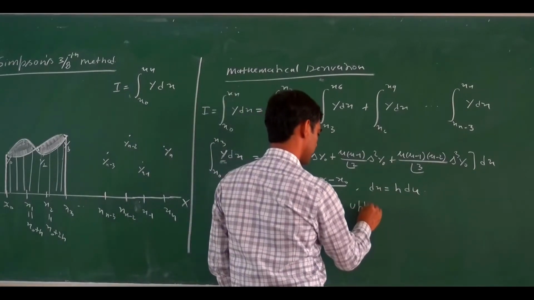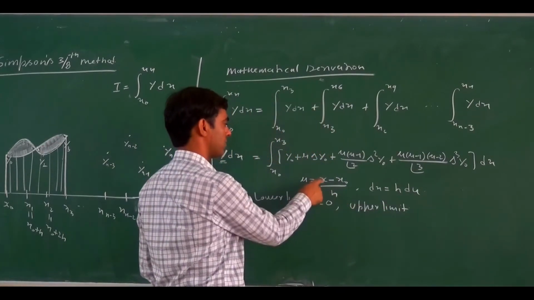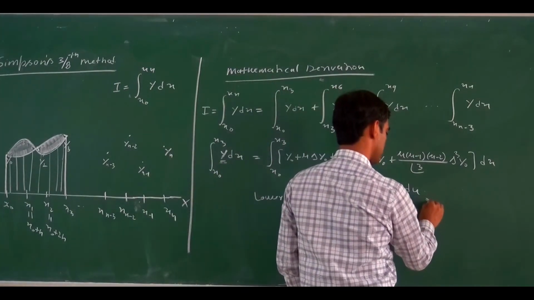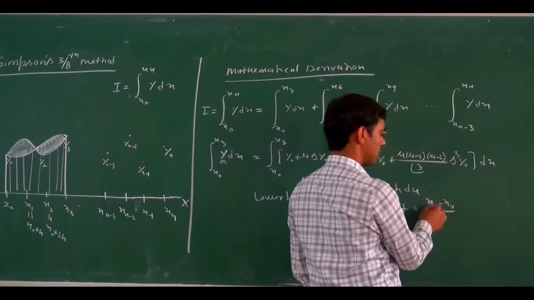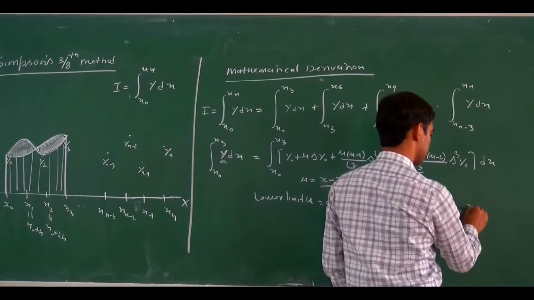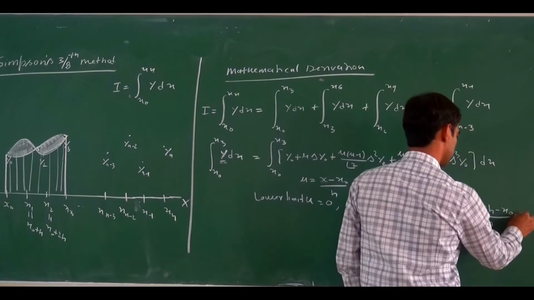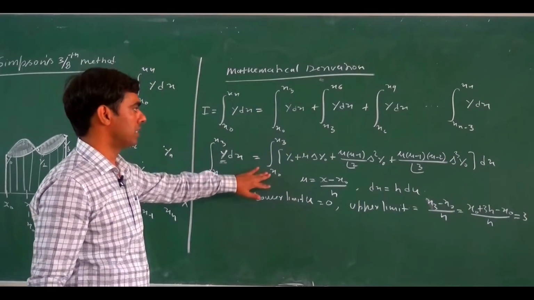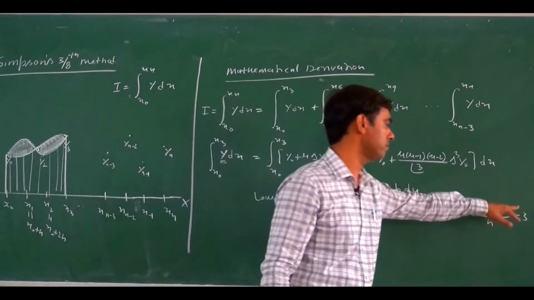If we put x equal x3, this becomes (x3 minus x0) upon h. We know these ordinates have equal class intervals, so x3 is x0 plus 3h, minus x0, divided by h, which is 3. So the lower limit becomes 0 and the upper limit becomes 3.